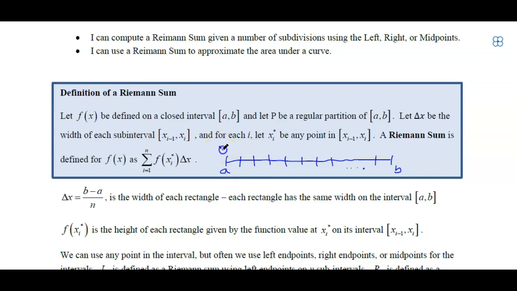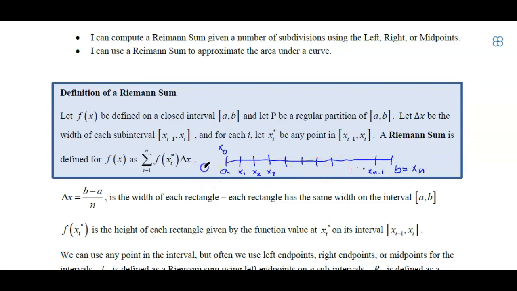And usually what we'll do is we'll start here at x sub 0. That's going to be the same as a, and then we'll keep going down the list. So this is x1, x2, x3, all the way down till we get to this next to last one, x sub n minus 1, and then finally this b, which we'll also call x sub n.